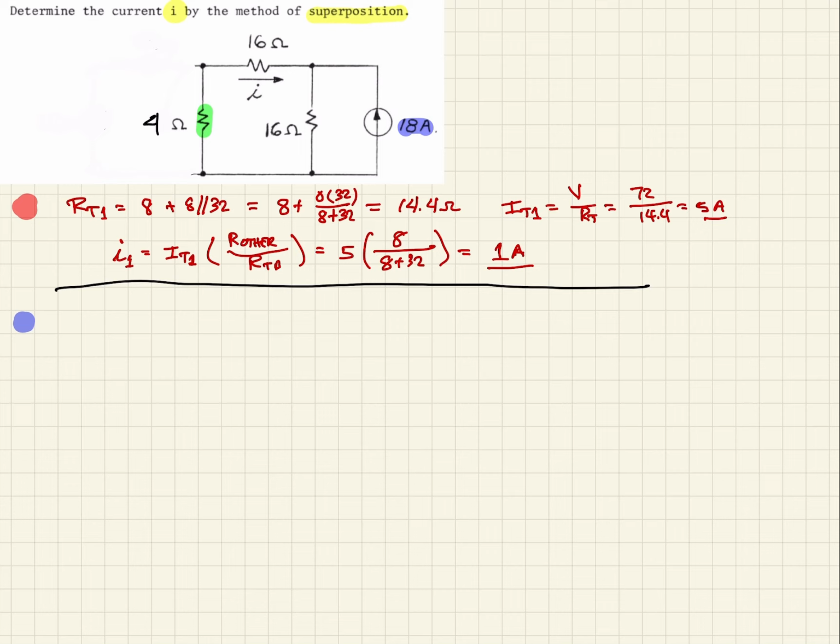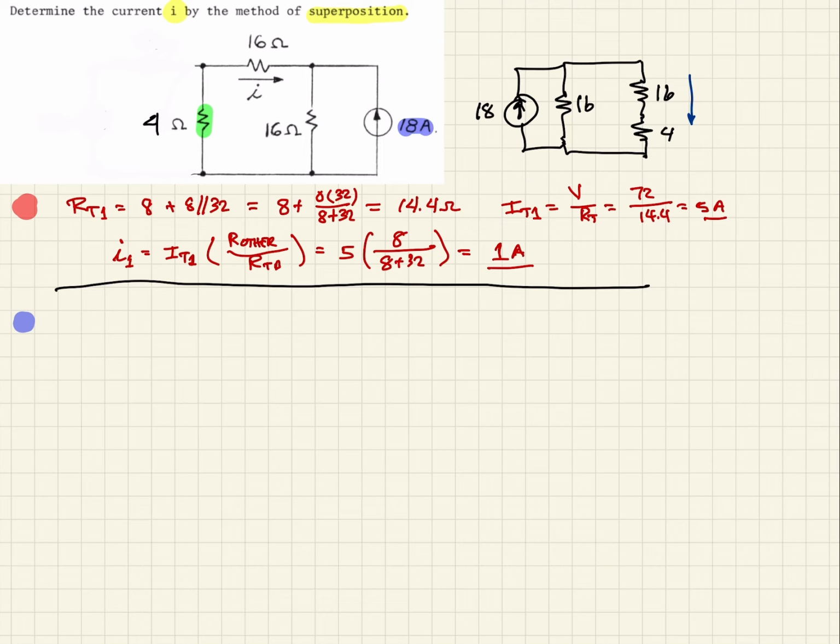So now we should be able to see, if we redraw this in a way that might make it a little easier for us to see, we've got our 18 amp source. We've got it in parallel with 16 ohm, and then that's in parallel with another 16 ohm, which is the one we care about, and this 4 ohm resistor, so 16 and 4. And so our I that we're interested in is actually going through this outside branch.